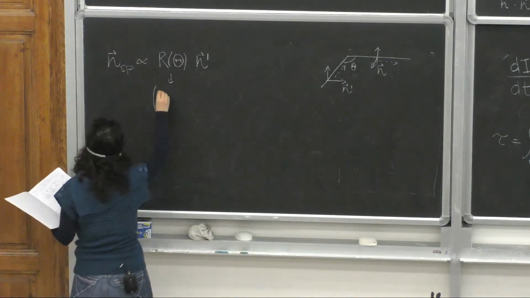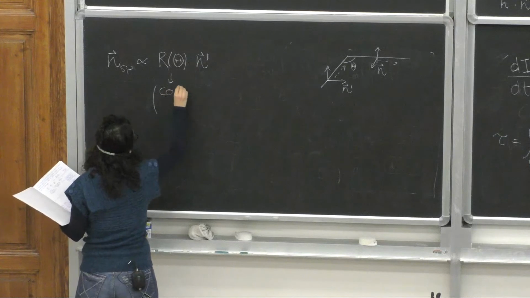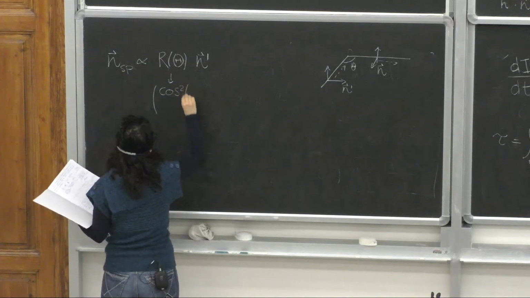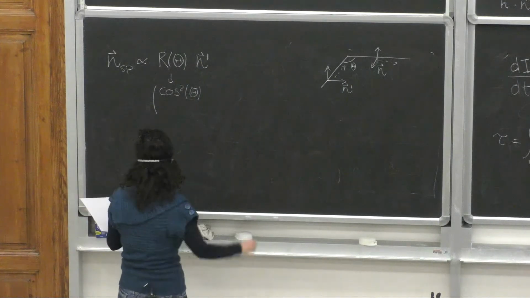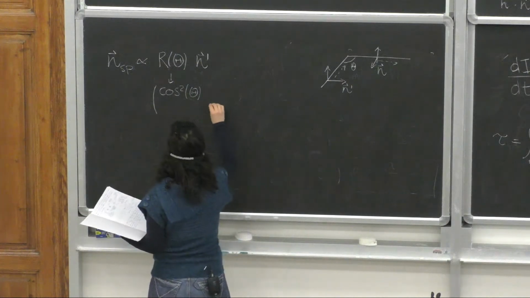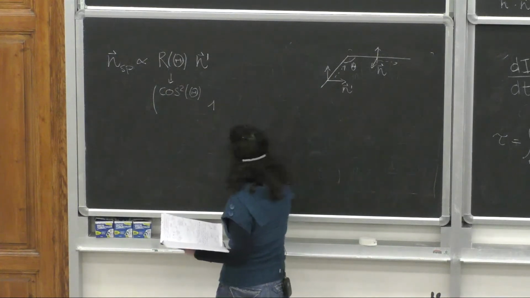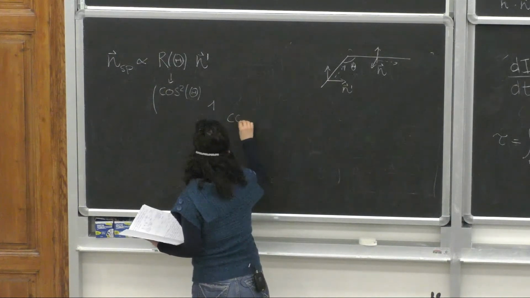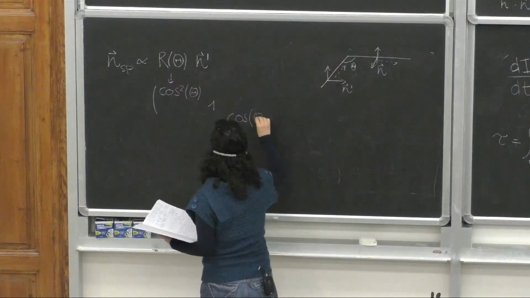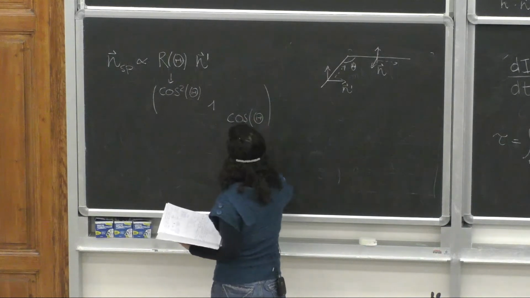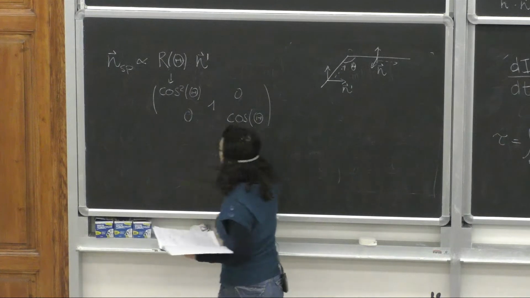And R theta will be a 3×3 matrix, which has cos square in the first entry. It's a diagonal matrix, has cos square in the first entry, 1 in the second diagonal entry, and cos theta in the last entry, and 0 here.